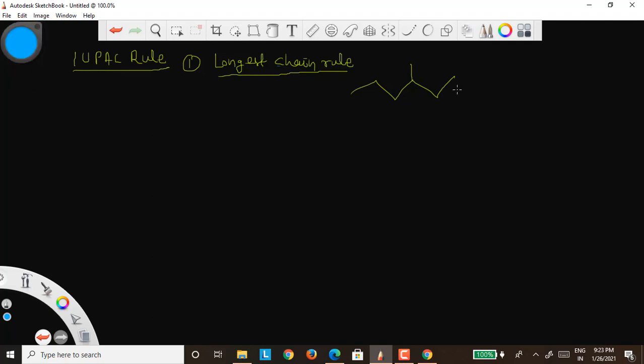You can give numbering like this: 1, 2, 3, 4, 5. 5 carbon is coming. Now suppose you give numbering 1, 2, 3, 4, 5, 6. So the red one is preferred because you get 6 carbon. So this red color containing 6 carbon should be numbered. The longest chain should come. In blue color numbering 5 carbon is coming.